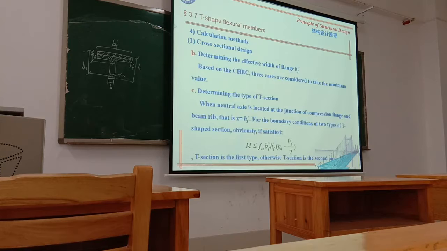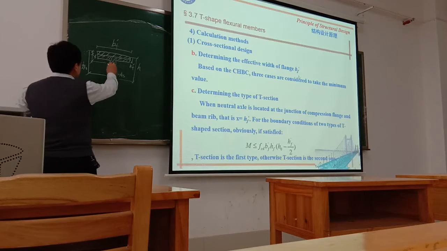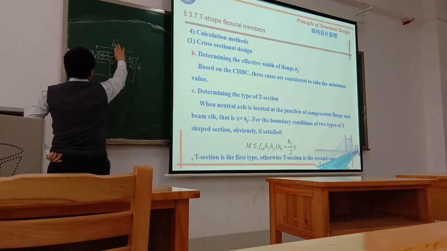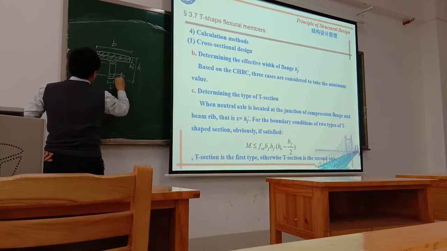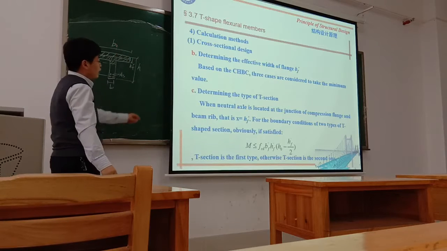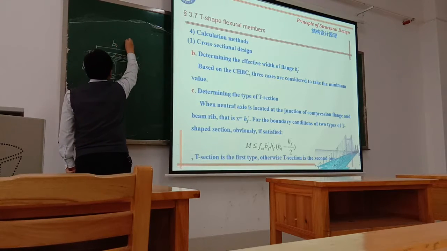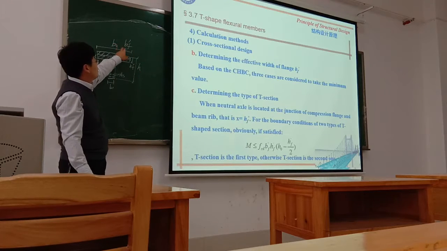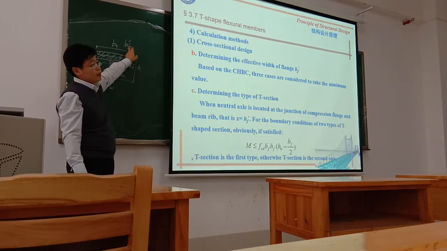Then the second step, we need to determine the effective width of the flange, BF. This is normally given as the real width B, or B1 or B2. You need to calculate the effective BF prime.